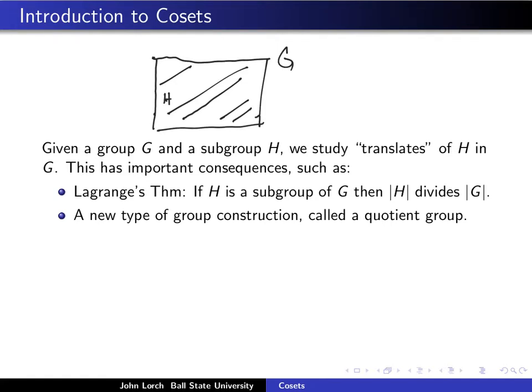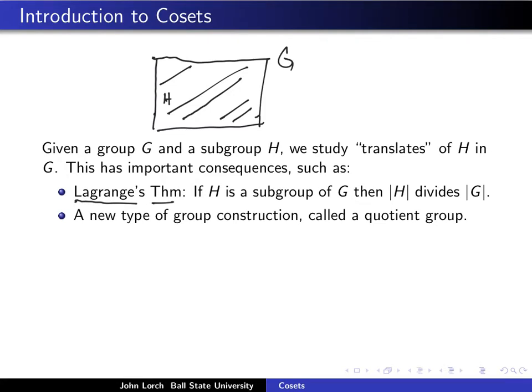So this study is more than just interesting in its own right. It turns out that it leads to some important consequences. First of all, there's this theorem called Lagrange's theorem, which says that if you start with a finite group G and a subgroup H, then the size of H must divide evenly into the size of G. For instance, if the order of G is 10, then G cannot possibly have a subgroup, say, of order 7, because 7 doesn't divide evenly into 10.